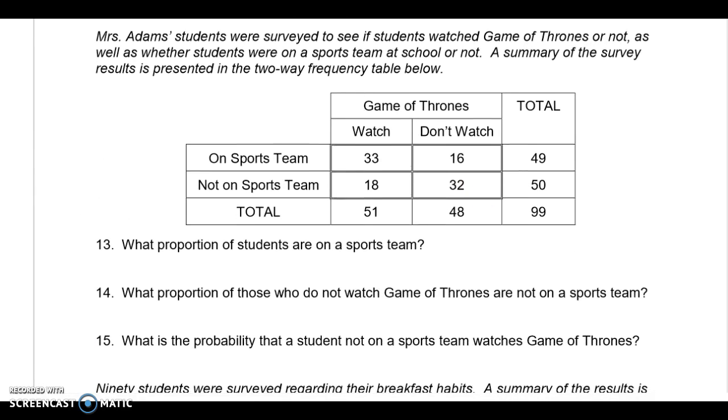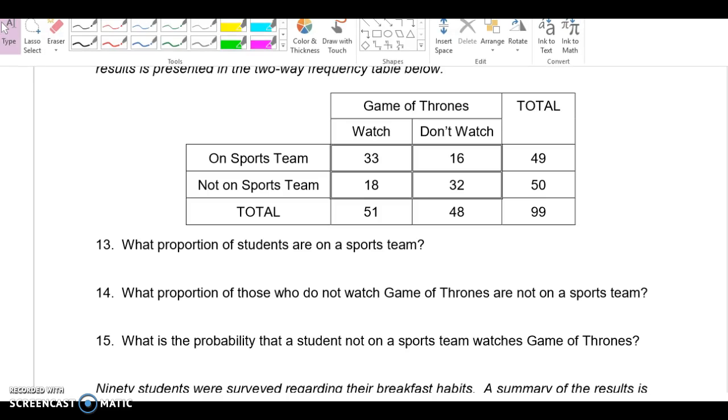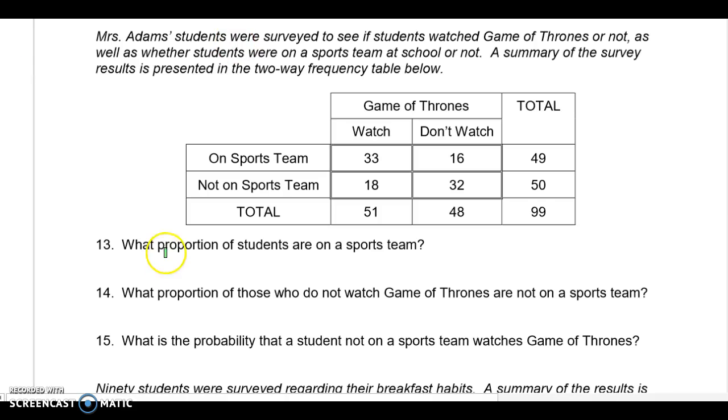So we're back to this one about the Game of Thrones and sports team versus not on a sports team. And now we're looking at subgroups. Or maybe not. Maybe we're looking at the whole thing. We've got to read and determine that. So number 13 says, what proportion of students are on a sports team? So again, proportion of students. And I don't see anything like who or any other qualifier.